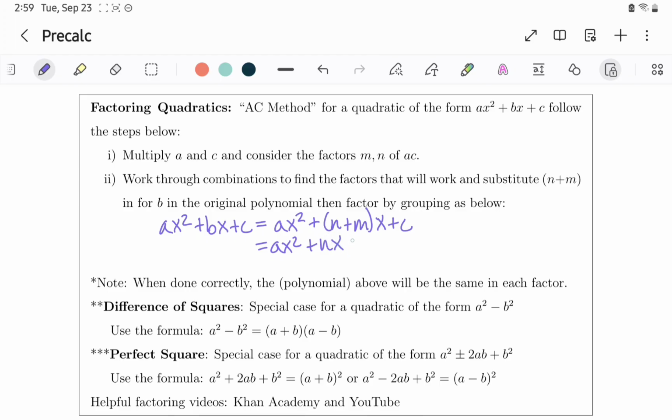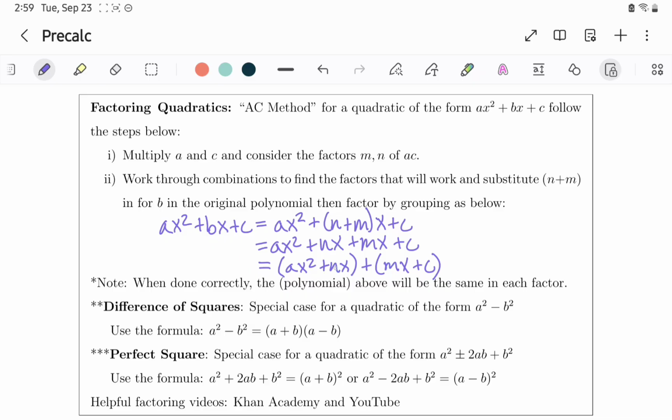So we'd have ax squared plus nx plus mx plus c. And then the way we would group is we would group either of the linear terms with the degree 2 term, and then the other linear term with the constant term. So we could do ax squared plus nx, plus mx plus c.